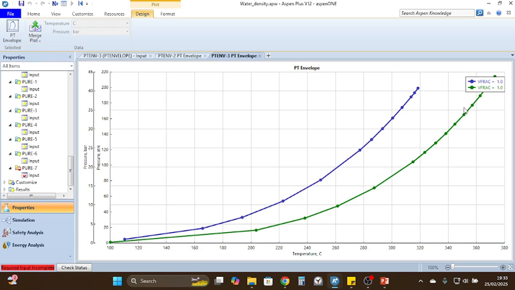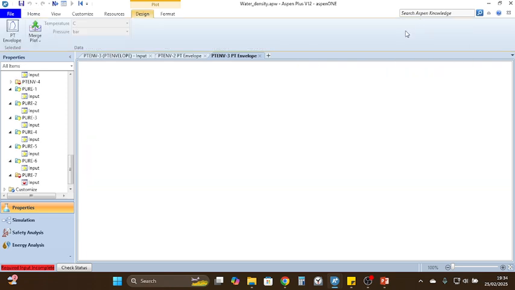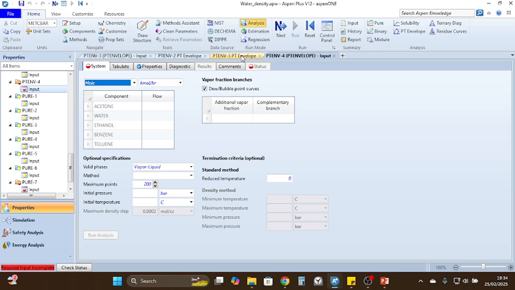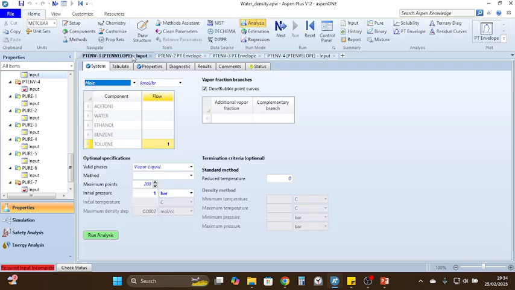So here is how you can merge the two plots. I have deleted one plot also. Let me add that as well. This PT envelope, the envelope of water and toluene. Benzene is left. So I'm setting this as 1 bar.